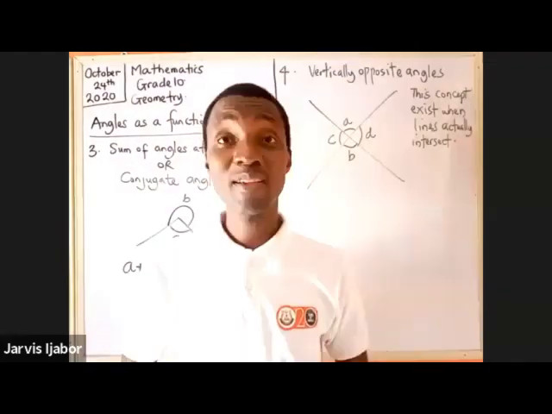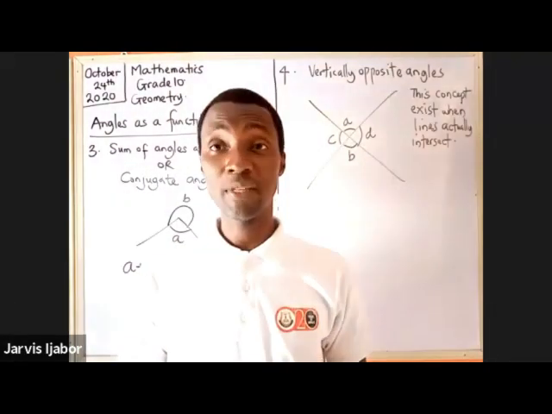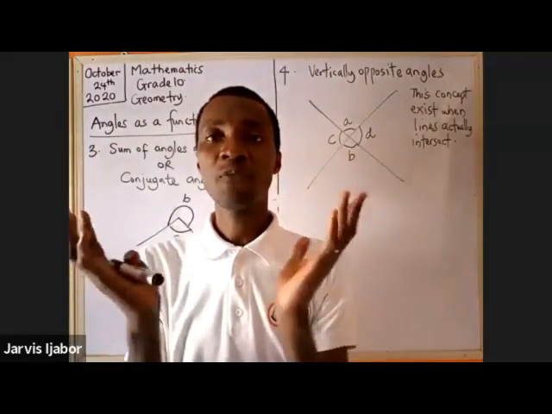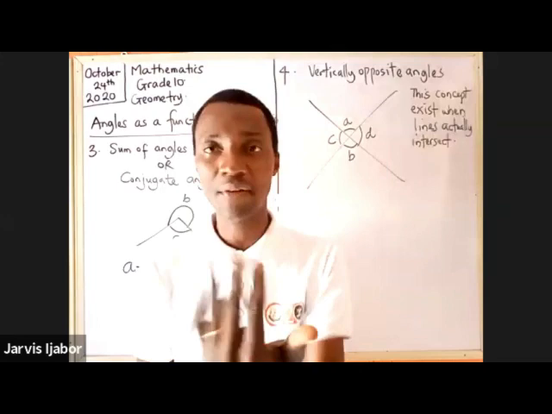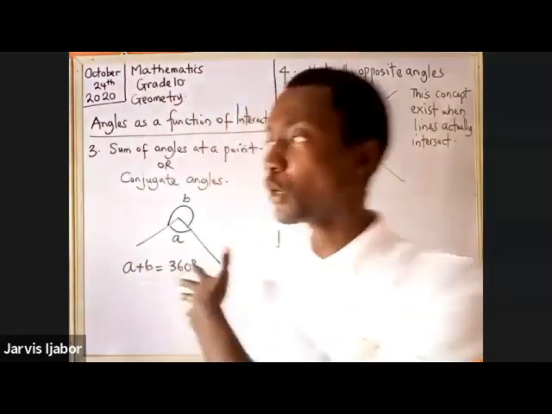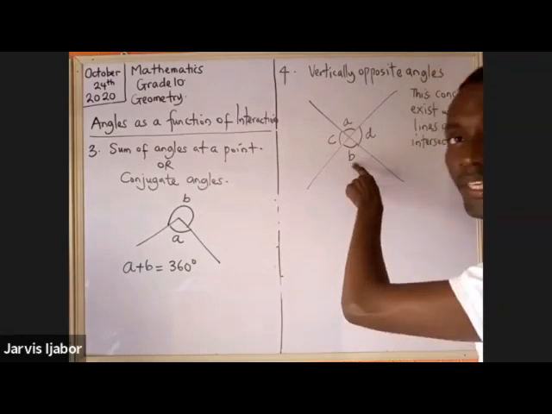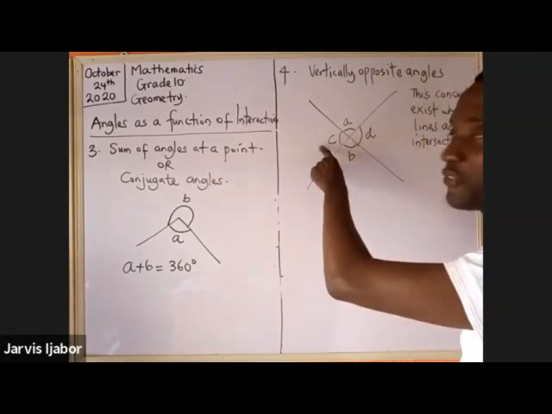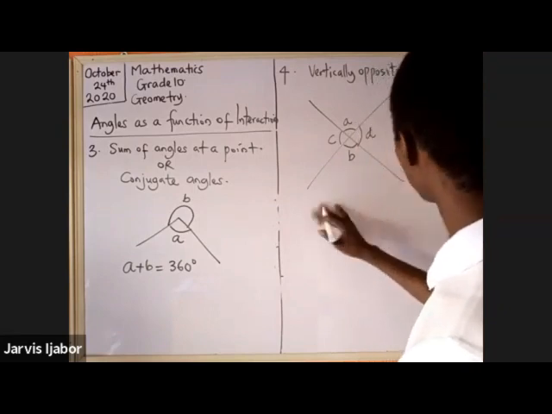Ask your parents, they'll be very happy to explain to you what they mean by face me, I face you apartments. Now, when we're talking about vertically opposite angles, we imagine angles that are facing themselves directly. If you look at the board, A is facing B and C is facing D.